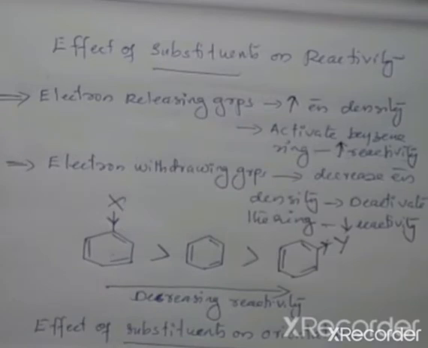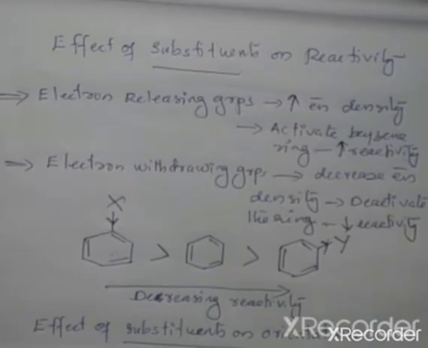That is, when a monosubstituted benzene undergoes electrophilic substitution reaction, we can get a disubstituted derivative. A disubstituted benzene compound has three isomeric forms. So there is a possibility of getting three isomers, that is ortho isomer, meta isomer, and para isomer.